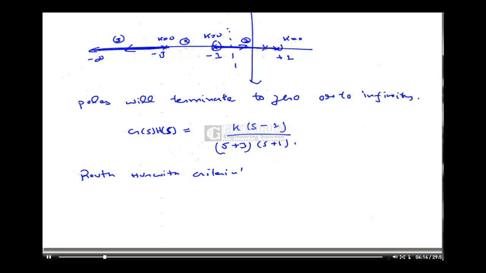When this pole comes to this position, at that time one pole is lying on the right hand side of the S-plane. When the poles are on the right hand side of the S-plane, that makes the system unstable. So using the Routh-Hurwitz criteria for stability and instability, we can find the value of k for which the system becomes unstable.